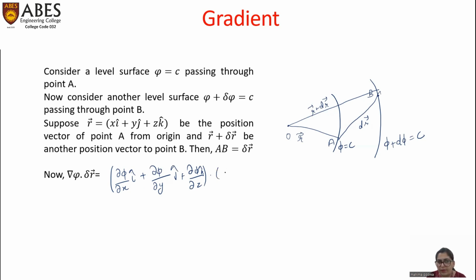So delta r will be obtained as dx i cap plus dy j cap plus dz k cap. The dot product of these two will be given by the partial derivative with respect to x into dx, the partial derivative with respect to y into dy. Here it is partial del x, sorry.